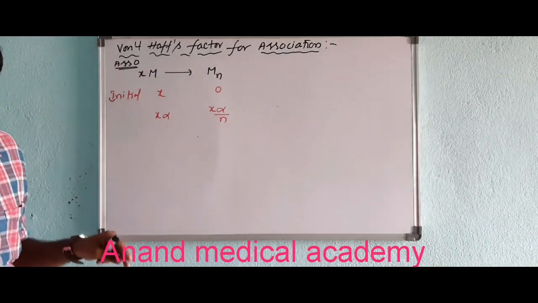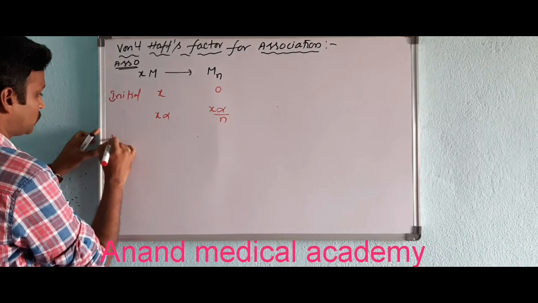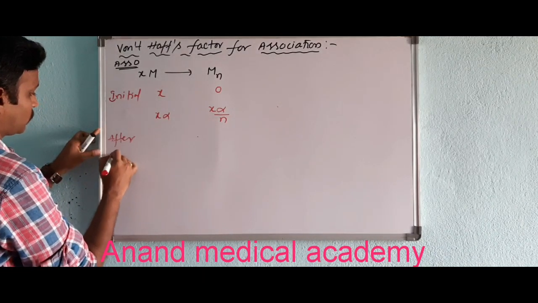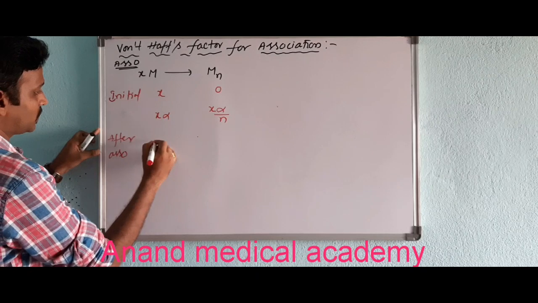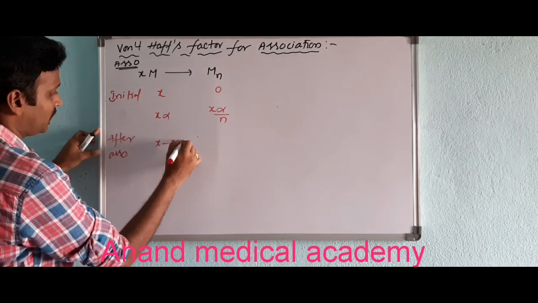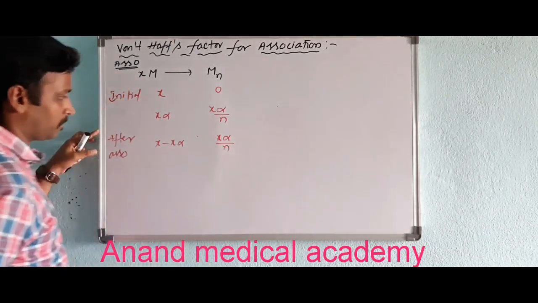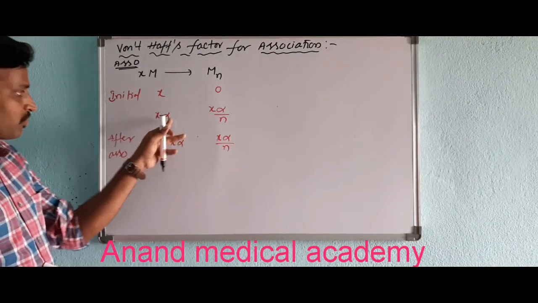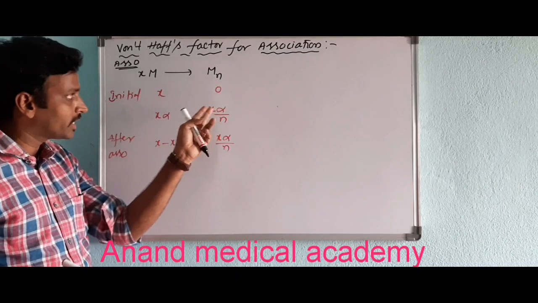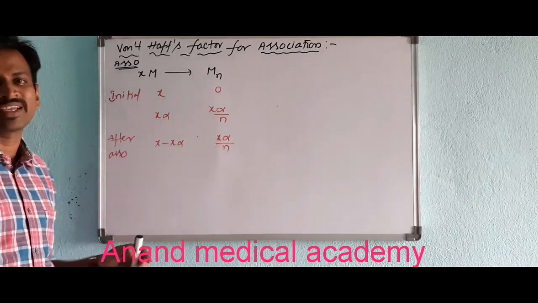Here, what are the number of moles after association? Remaining are X minus X alpha and these are X alpha by n. So these are remaining. These are forming. X alpha moles are associating and X alpha by n are forming here.